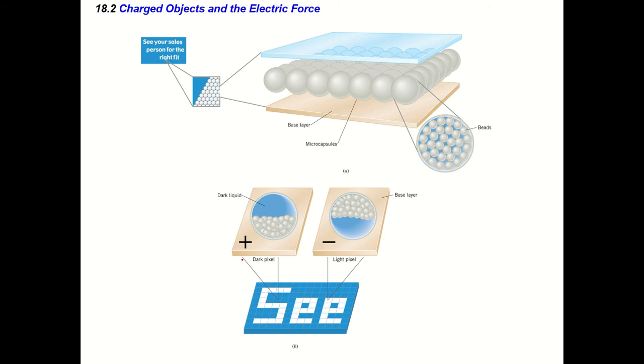Or you can compare it with this one here. This represents this part, the blue color, and the light pixel here, or the white. Okay, so this is the positive, this is the negative. So this is just an illustration of a charged object represented by this figure.